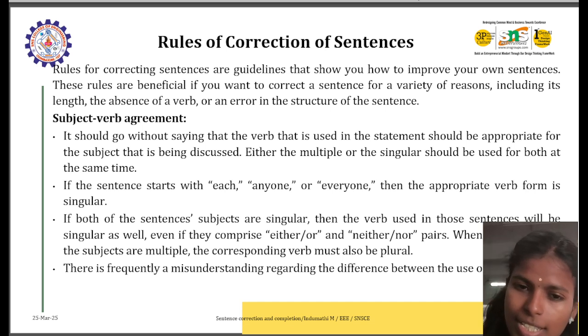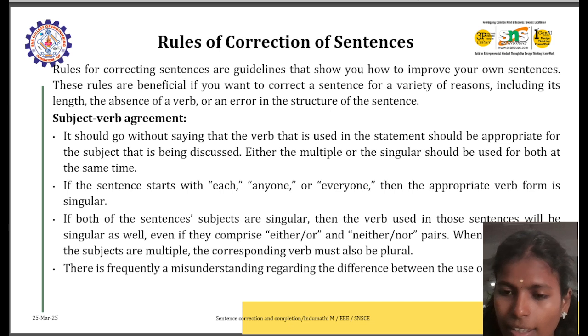If both subjects are singular, then the verb will be singular as well, even if they comprise either-or and neither-nor pairs. When one or both of the subjects are plural, the corresponding verb must be plural.